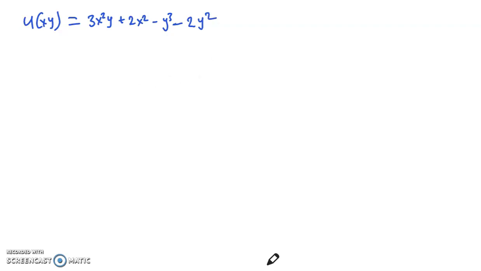Like I said, we are trying to verify if this function is harmonic.